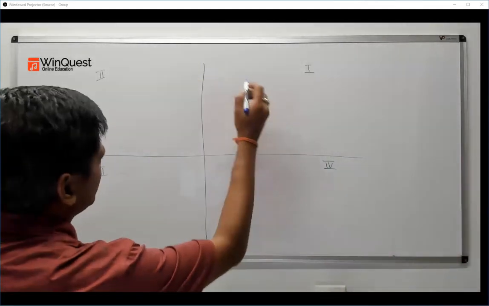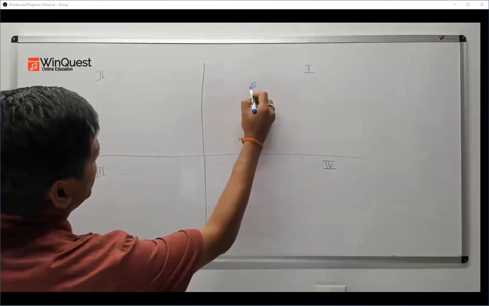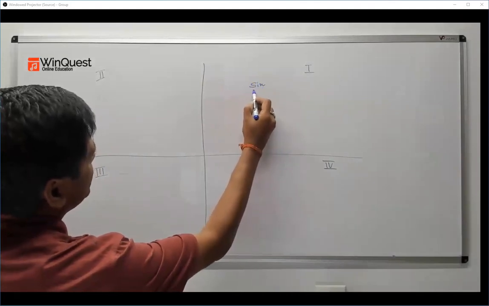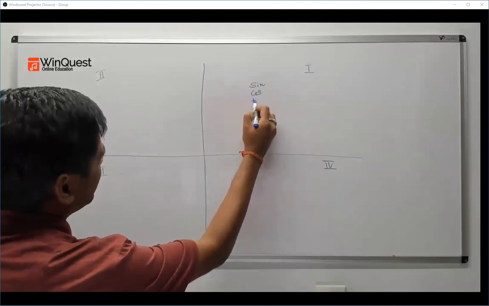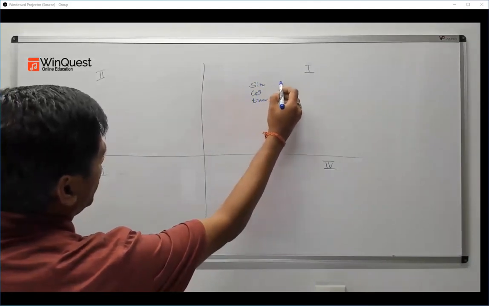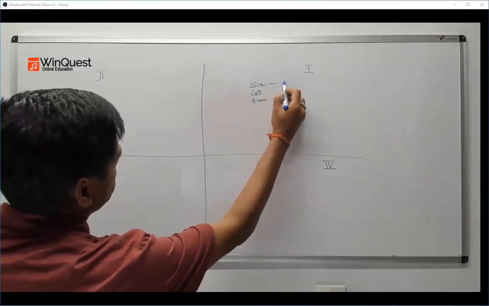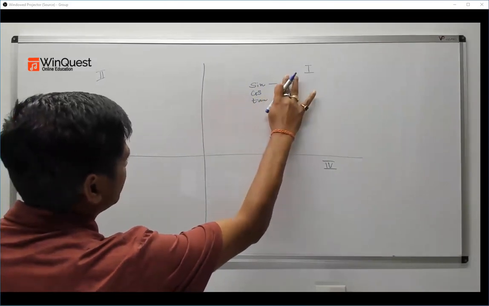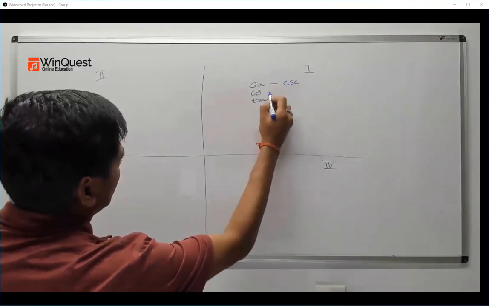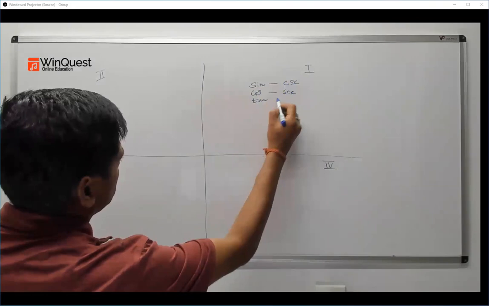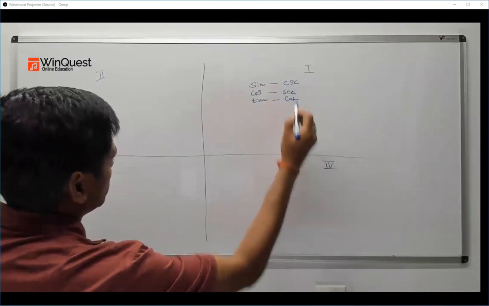He says all friends are welcome. Sine, you are welcome, cos, you are welcome, tan, you are welcome. He allows the reciprocals also: sine's reciprocal is CSC, he is also welcome; cos's reciprocal is sec, also welcome; tan, cot, also welcome.